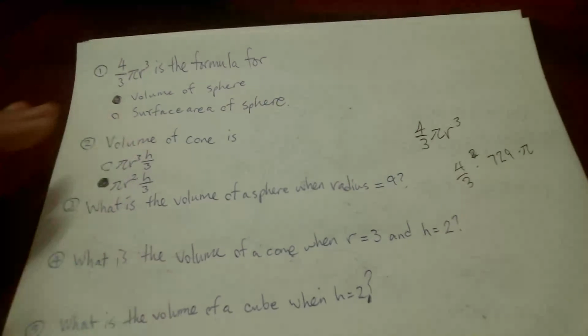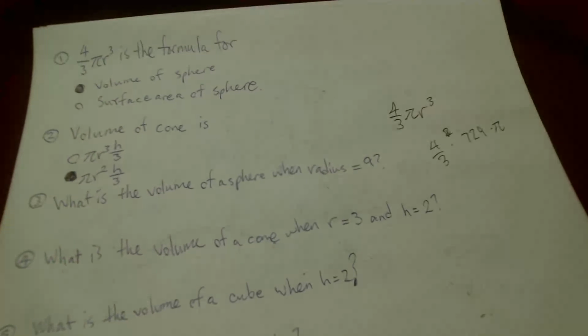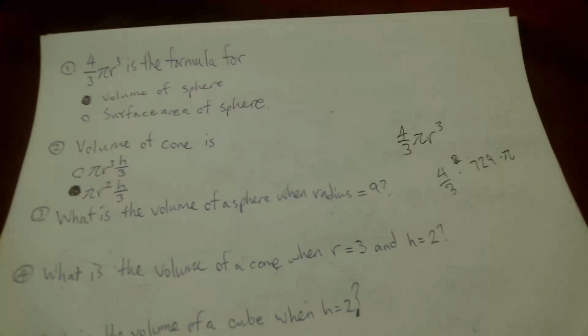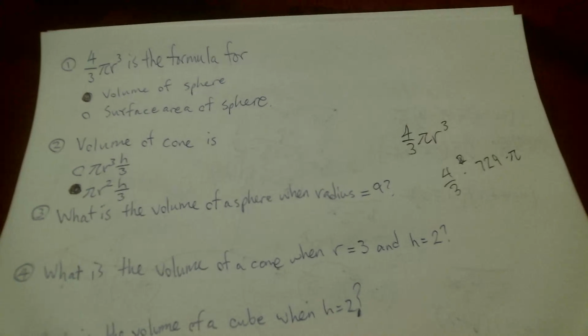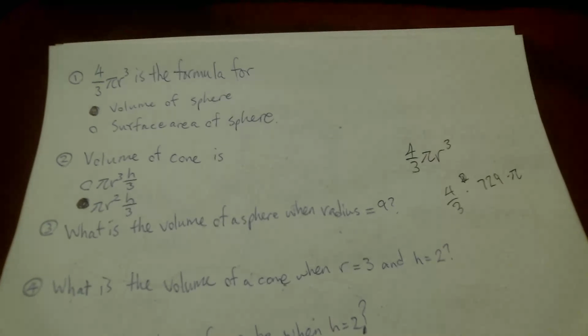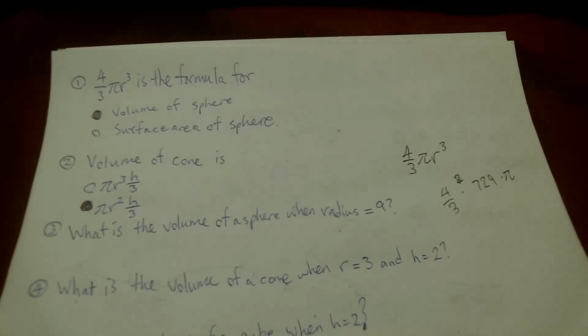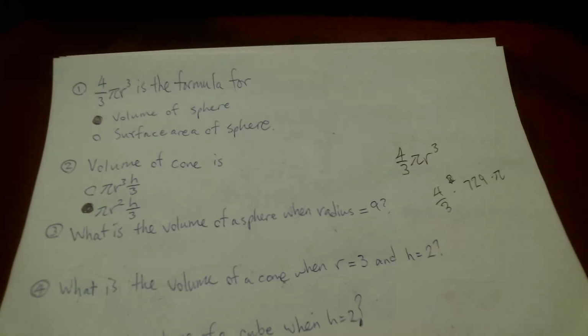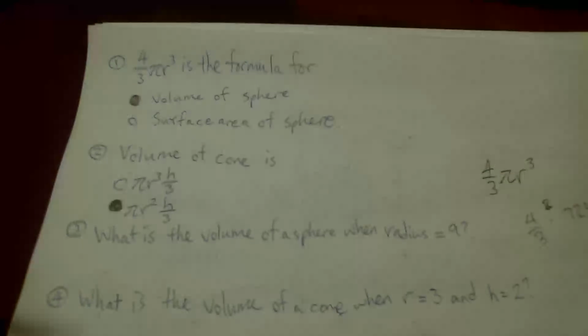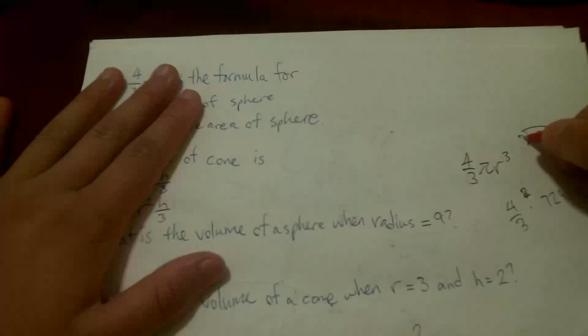Let me see. 729 divided by 3, so that's 243. Let me solve it out.